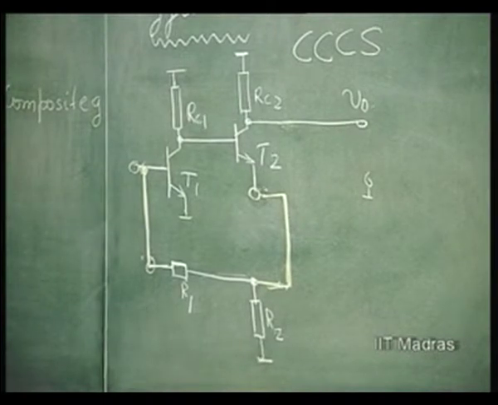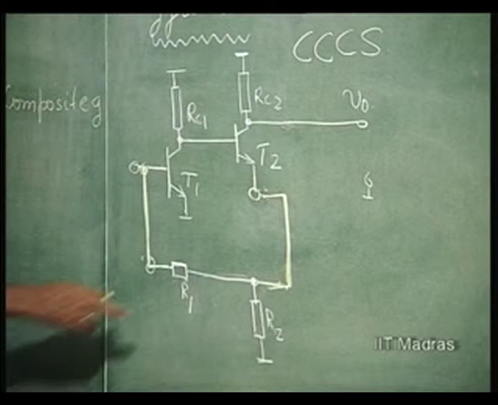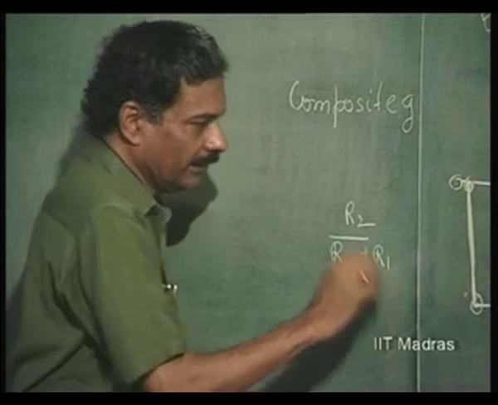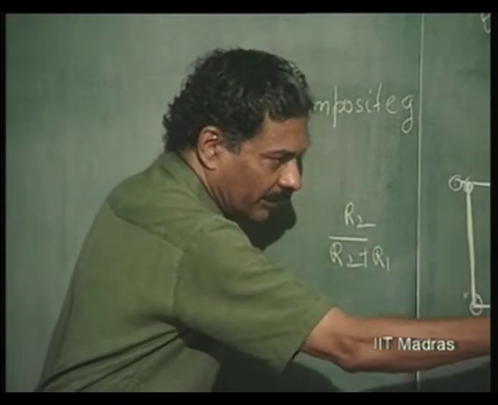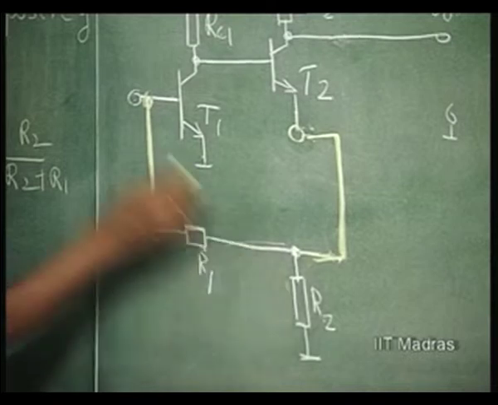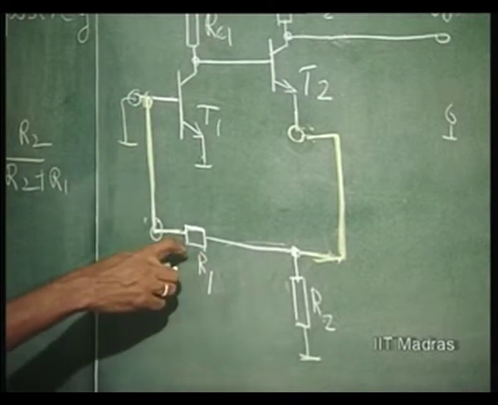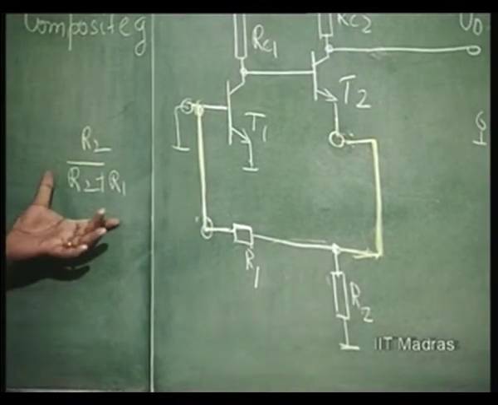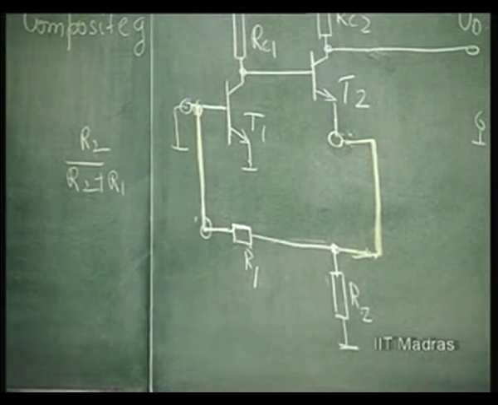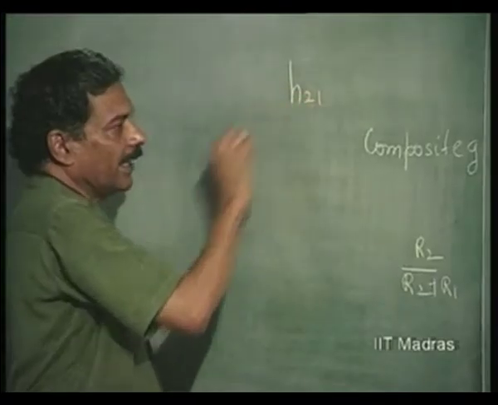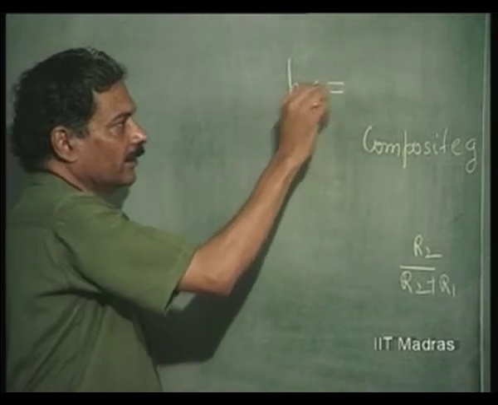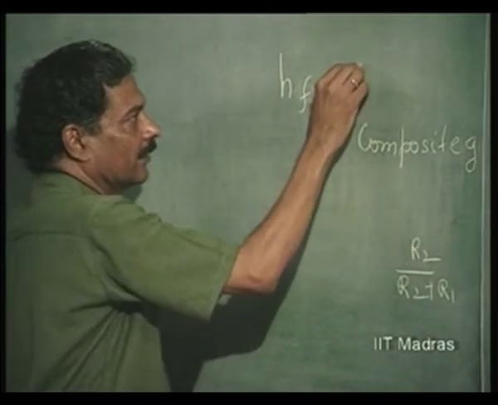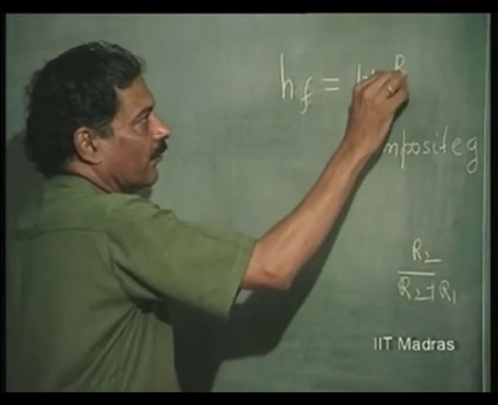Ultimately, since the feedback factor here is R2 by R2 plus R1, the current at the output is going to be divided between these resistances. This is already shorted here. So, R2 by R2 plus R1 is what is fed back as the current. So, this is the feedback factor, and therefore, 1 over this is the current gain. So, you have to obtain the composite H parameter or HF from the composite G. Then it will be 1 over this as the gain, 1 plus R1 over R2.